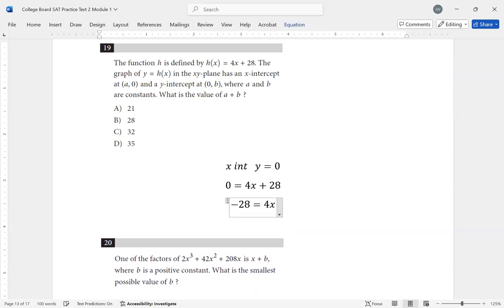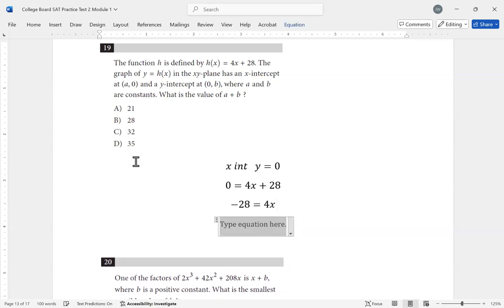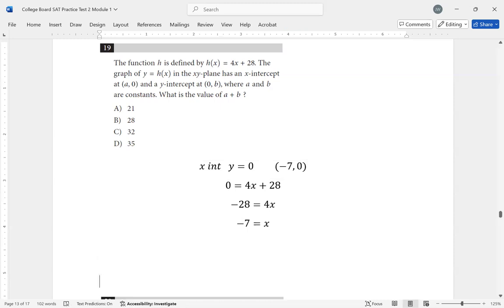You get negative 7 as your value of x. So the x-intercept is negative 7 comma 0, so the a there is negative 7.